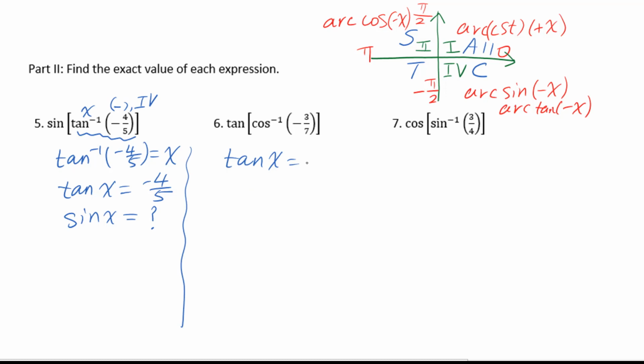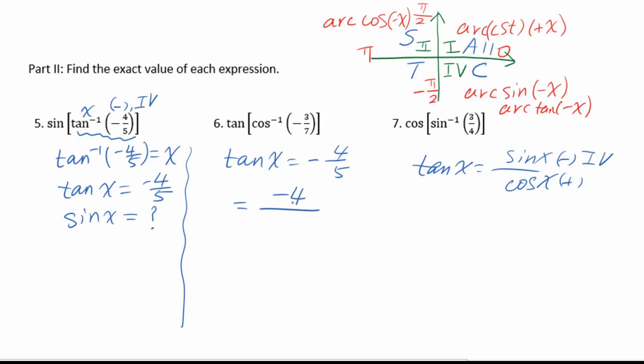For tangent x equals negative 4 over 5, we know tangent x equals sine x over cosine x. For fourth quadrant, the sine will be negative and the cosine is positive. Therefore, we will put a negative sign on the top, negative 4 over 5.